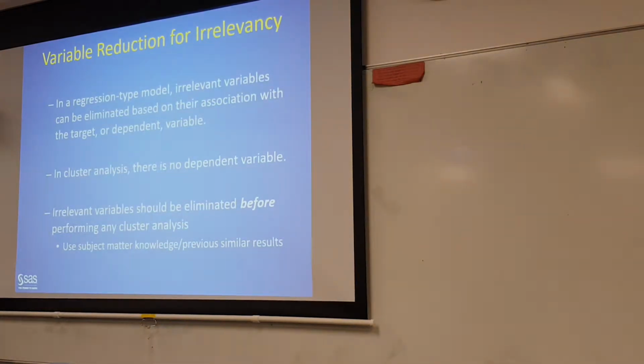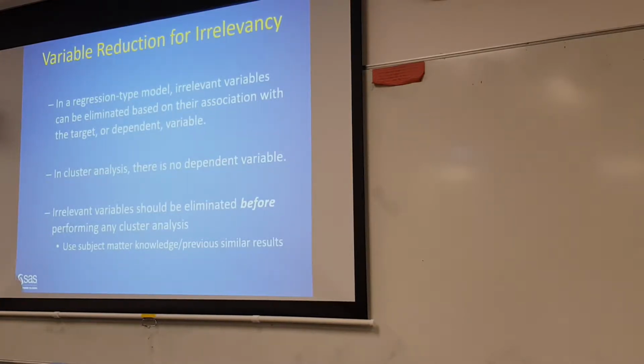Irrelevant variables, we'll talk about irrelevancy here. You want to get rid of the irrelevant variables if you can. Obviously, they can be eliminated in regression-type scenarios based on the dependent variable, but we don't have a dependent variable, so you end up using your subject knowledge to work out what's important and what's not. It's simply a method of data dimension reduction.